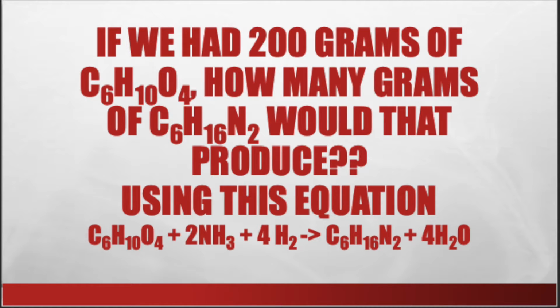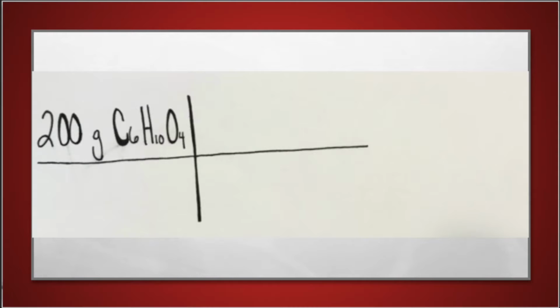Here's how to use dimensional analysis when trying to convert grams of a given chemical equation to find grams of the product in the given equation. So we know that there are 200 grams of C6H10O4.